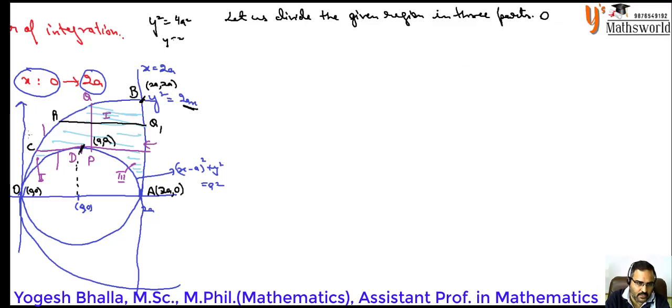C will have coordinates (a/2, a), and let this point be E. This will have x coordinate 2a and y coordinate equal to the height of the circle, that is a. So we have to divide into ODC, ADE, and the last one will be CEB.